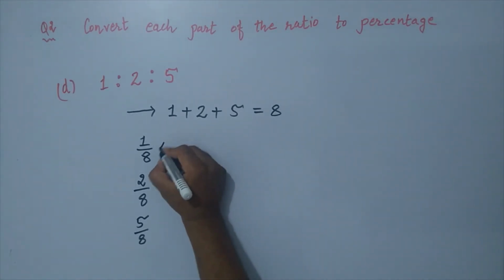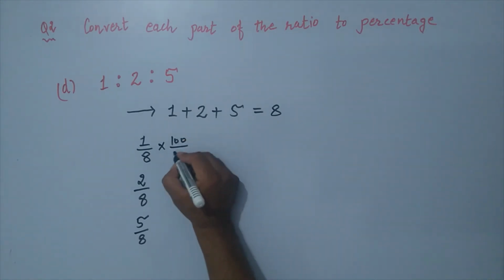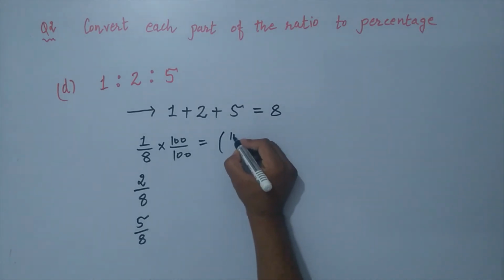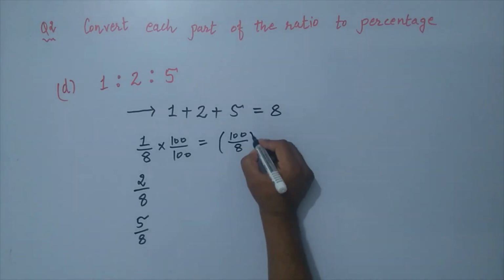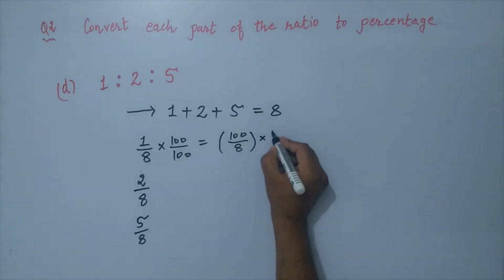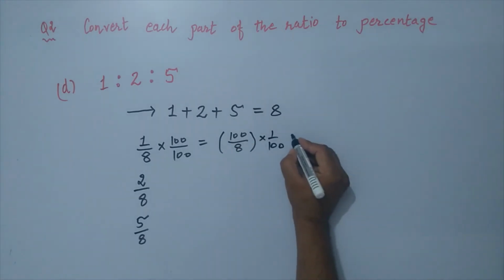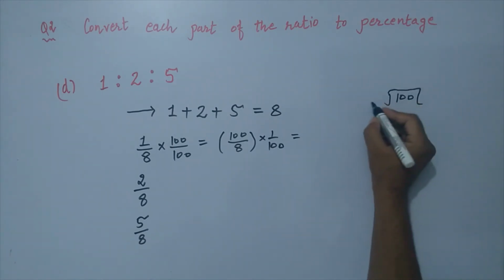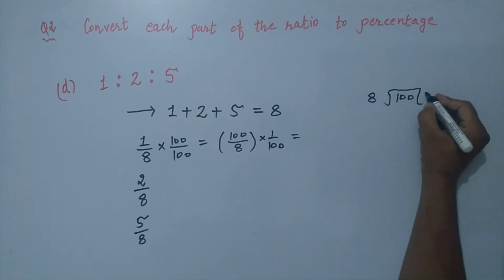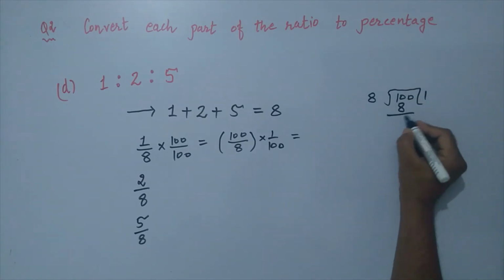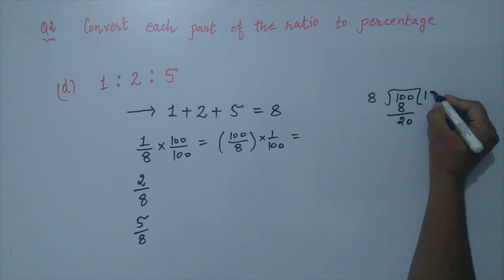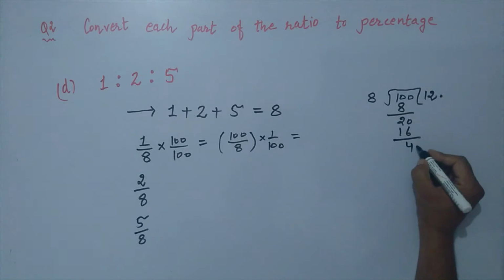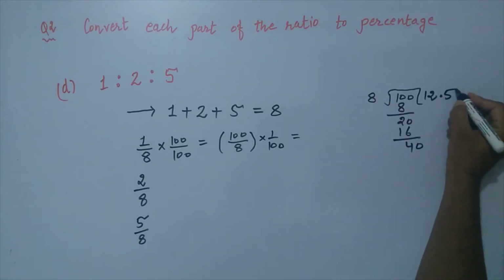Let we multiply here with 100 divide 100. So this becomes 100 divide 8 into 1 upon 100. So 100 divide 8: 8 ones are 8, 20, 8 twos are 16, 4 is the remainder, decimal, 8 into 5, 40.